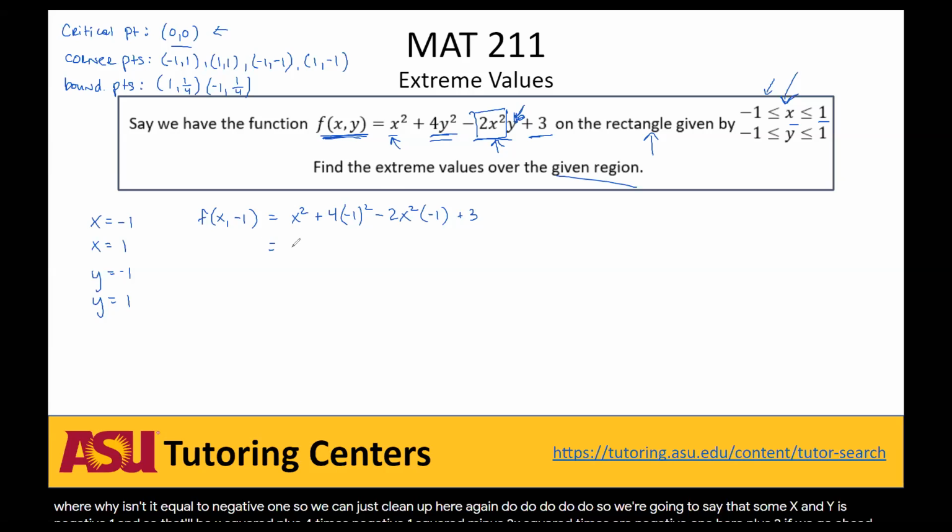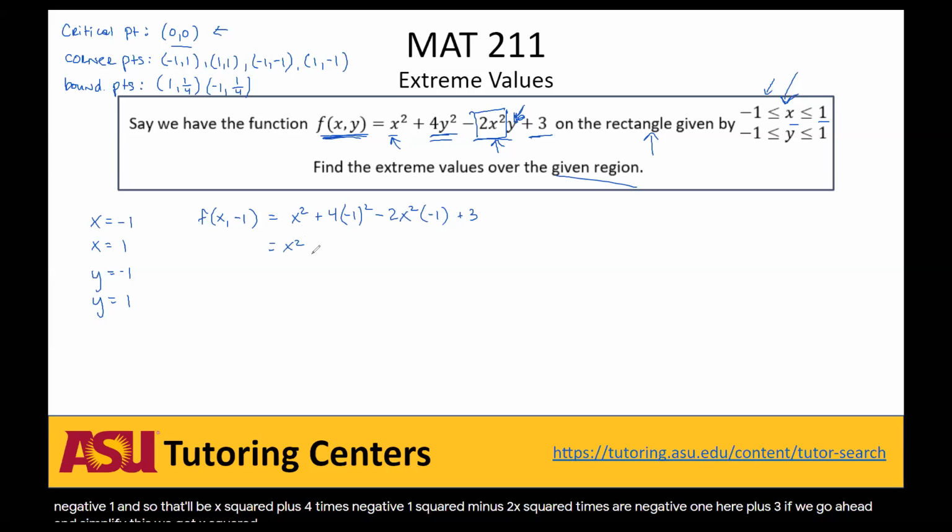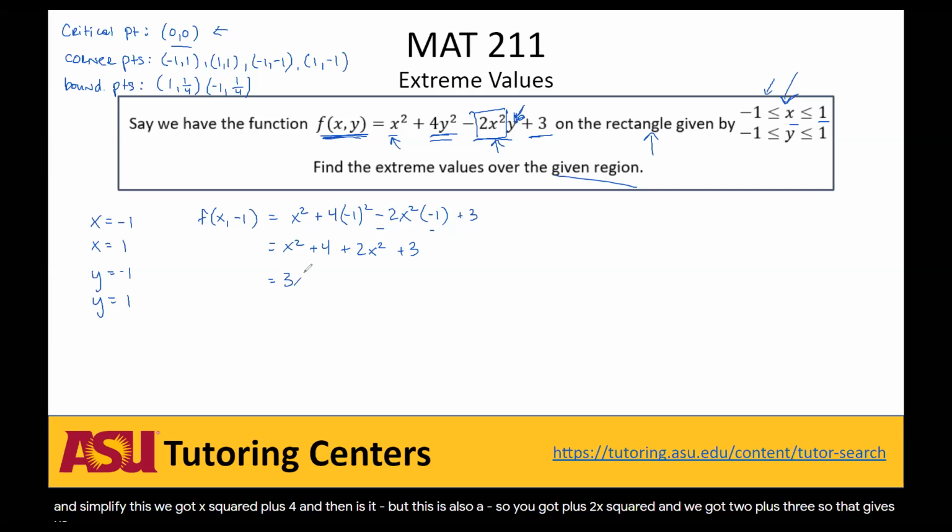If we go ahead and simplify this, we've got x squared plus 4. And then it's a minus, but this is also a minus, so we got plus 2x squared. And we got a plus 3. So that gives us 3x squared plus 7.